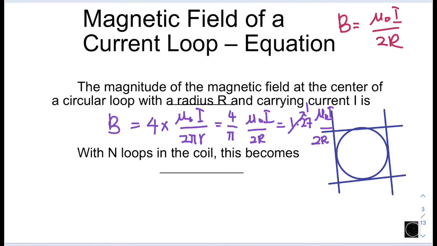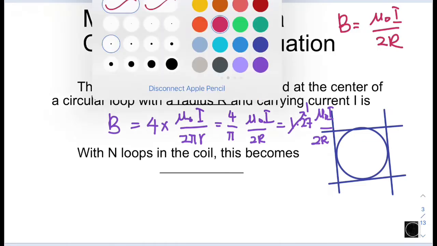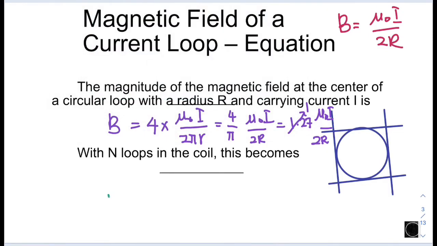This is for a circular loop, one single loop. If you have more than one single loop, you have to redefine the formula by multiplying by the number of loops, n mu naught I over 2r. This is with n loops of coil.